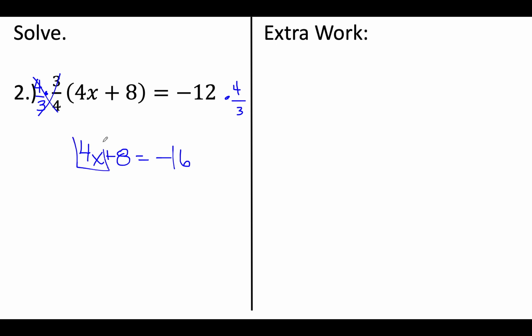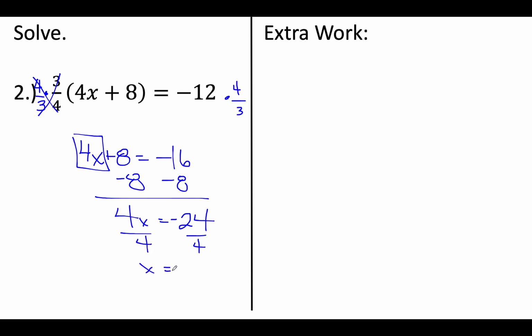Then, box my variable term, subtract 8 from both sides. 4x equals a negative 24. Divide by 4. X equals negative 6.